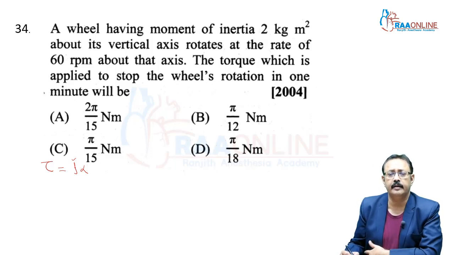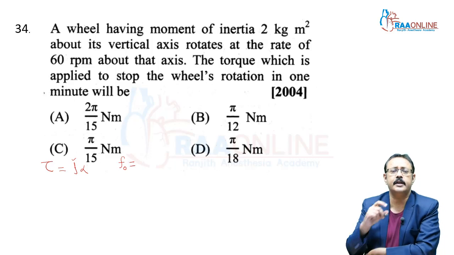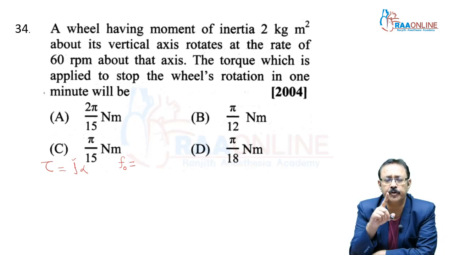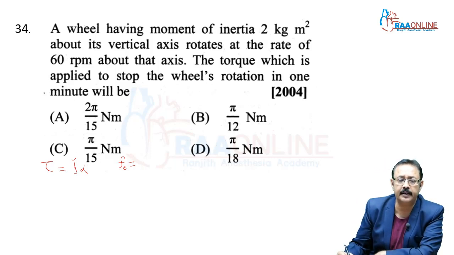Initially the wheel was rotating at 60 rpm. Frequency is given, initial frequency. Frequency means number of revolutions per second, but it is per minute. So divide 60 by 60.